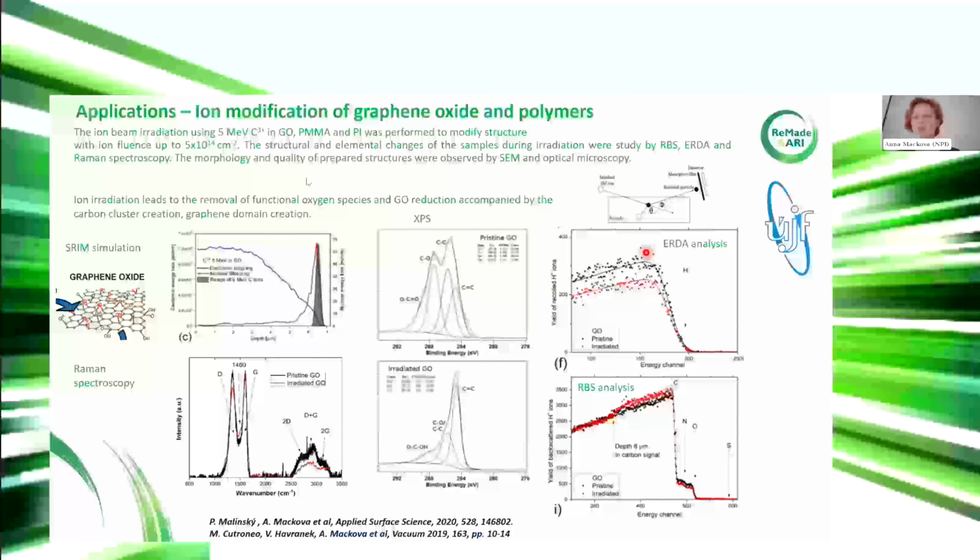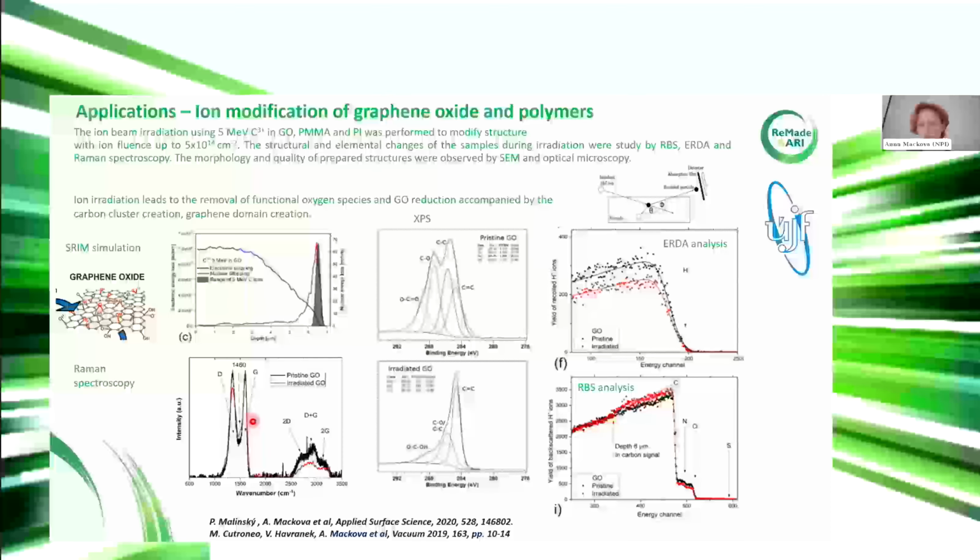Then we use RBS to check how the composition changes after the irradiation. And you see that carbon is increased and hydrogen is released, which is expected. But important is that we really created reduced graphene oxide, because we see that the functional groups which were under the beam just disappear and escape, which is our goal.